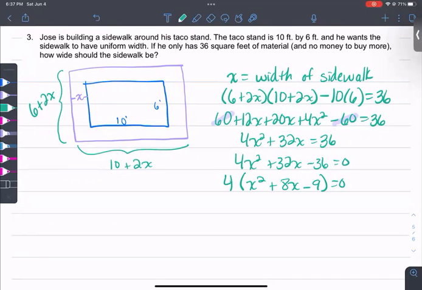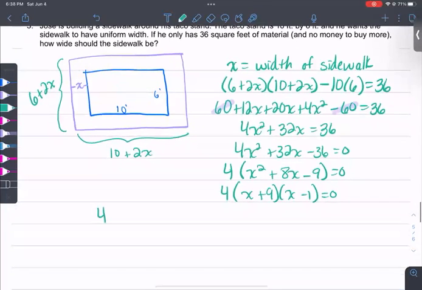And then with what's in the parentheses, I can find factors of -9 that add to give me a positive 8. That would be x plus 9 and x minus 1. 9 times -1 is -9, and 9 plus -1 would be positive 8. And then using the zero factor property, I have 3 things that multiply to give me 0.